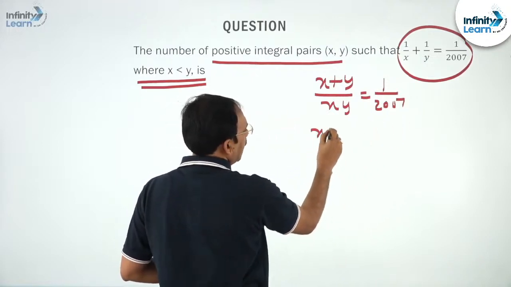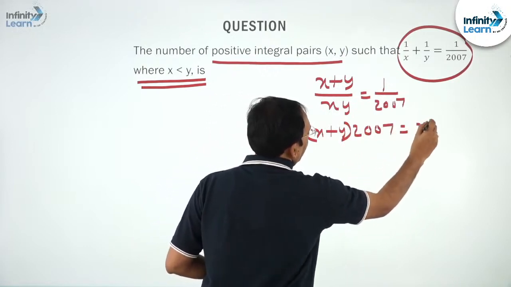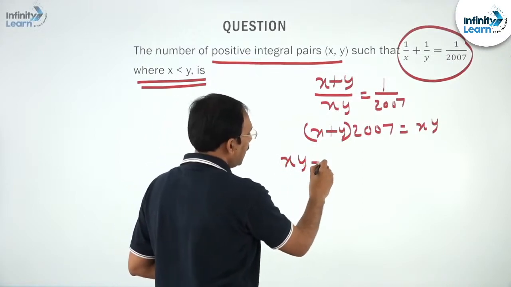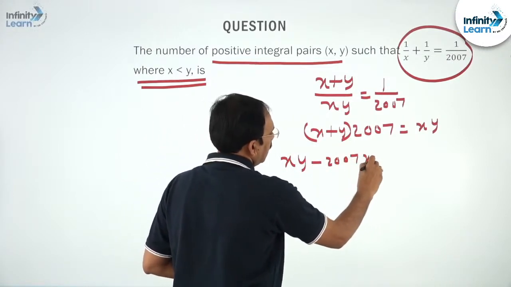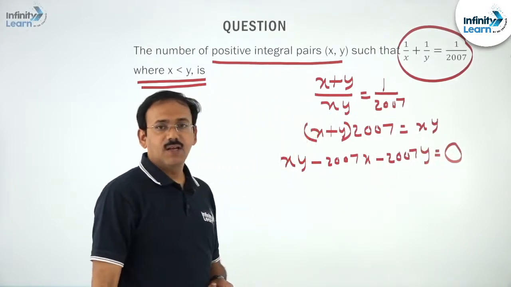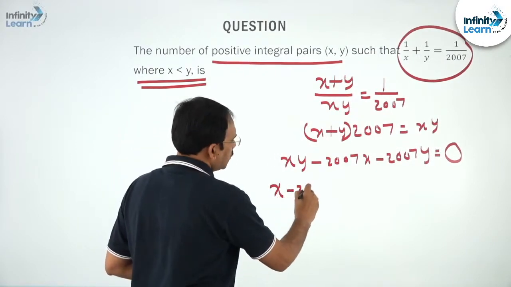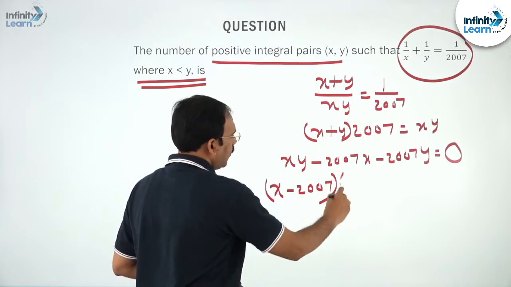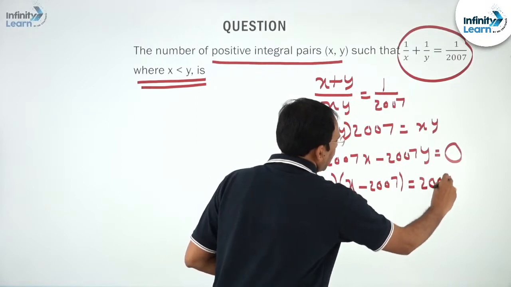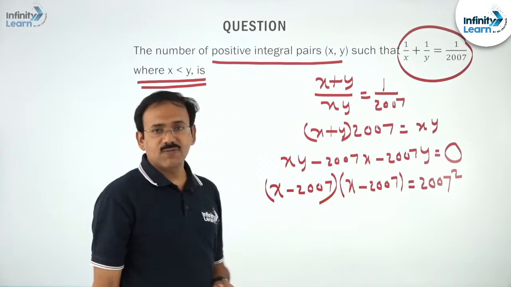So you can write x plus y into 2007 is equal to xy. You can just write xy minus 2007x minus 2007y is equal to 0. Now what I do is write it like a product: x minus 2007 into y minus 2007 is equal to 2007 square. Am I correct? You see, a product, because I have added 2007 square on both sides.